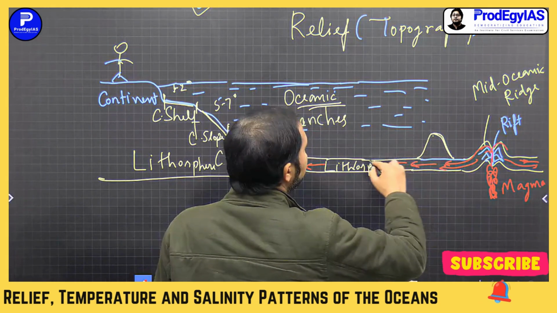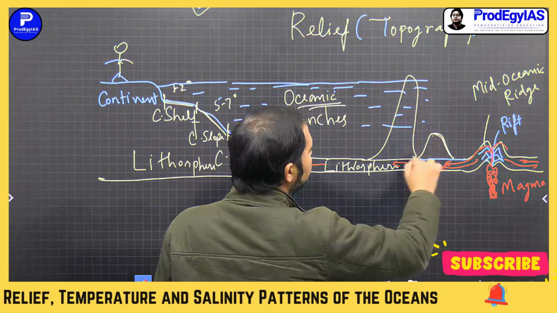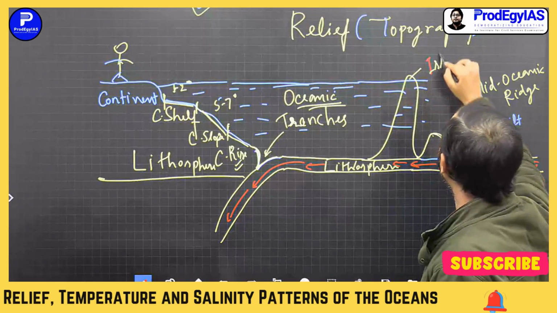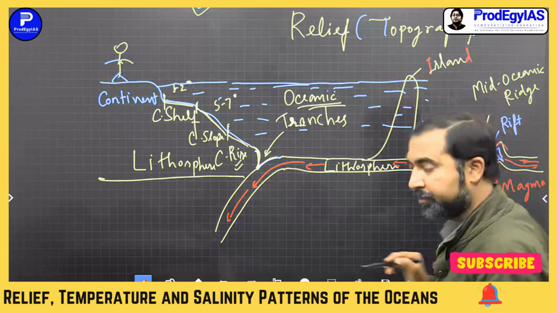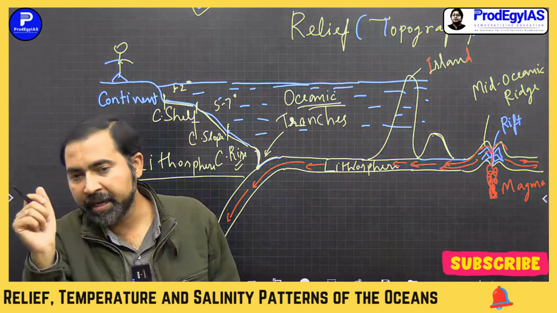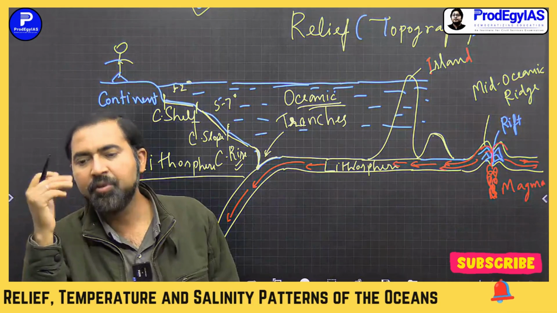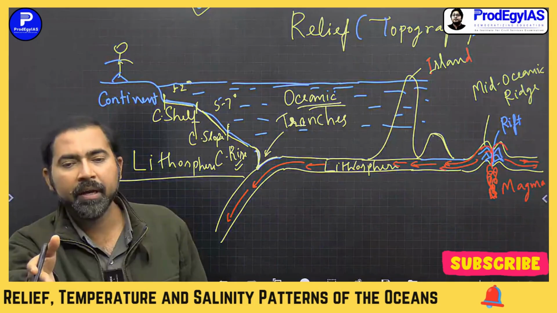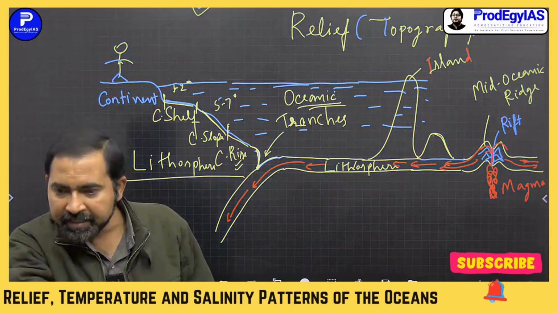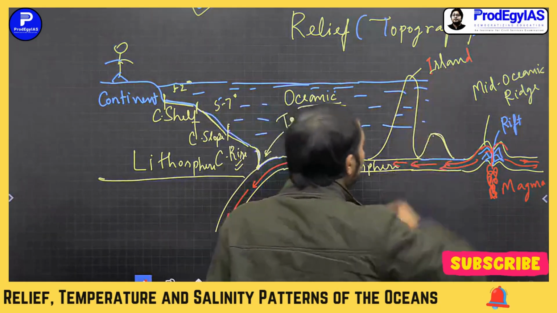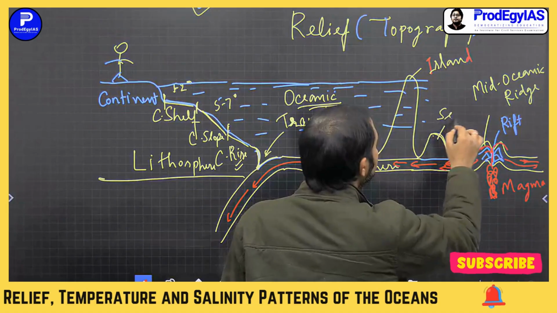Some of the mountains can go even higher, and they will look like an island, right? Like Azores Island, like Iceland. Actually, Iceland is a part of the mid-Atlantic ridge system, where the mid-Atlantic ridge rises above the seawater. So they can look like an island. This is a sea mount.